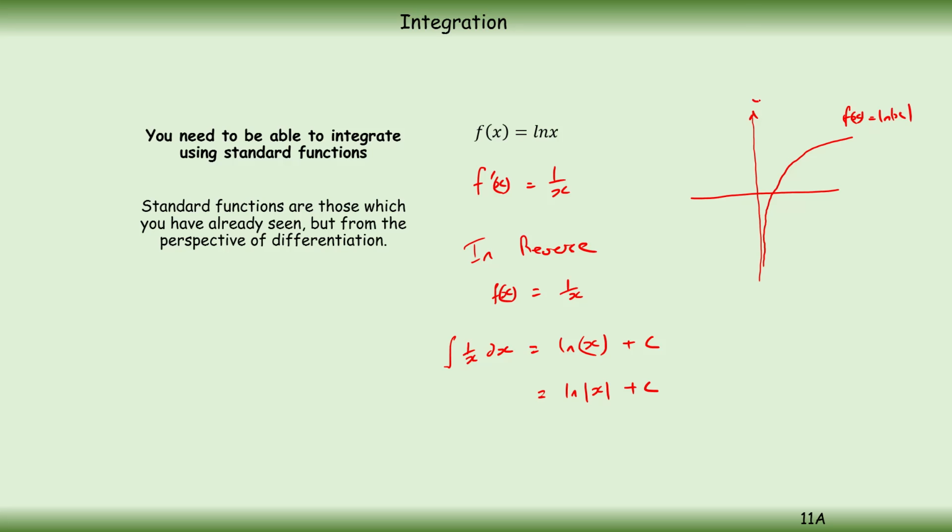Always positive, the values of x. Okay, right, so hit pause, that's another standard function. Copy the example down. When you're ready, hit play, and we'll look at another one.